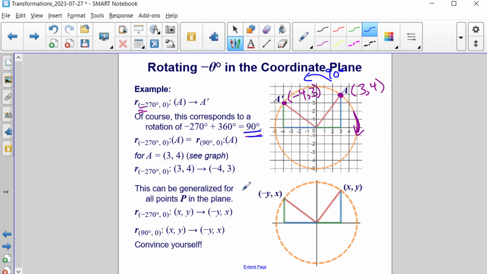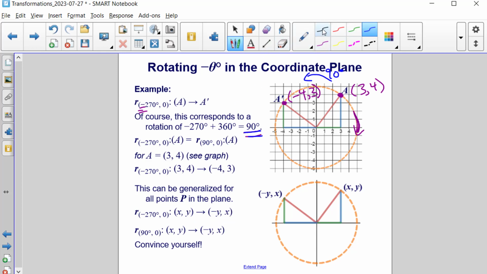This can be generalized for all points in the coordinate plane. A rotation of -270 degrees about the origin of x, y will yield -y, x, because the rotation of 90 degrees about the origin of x, y also yielded -y, x.